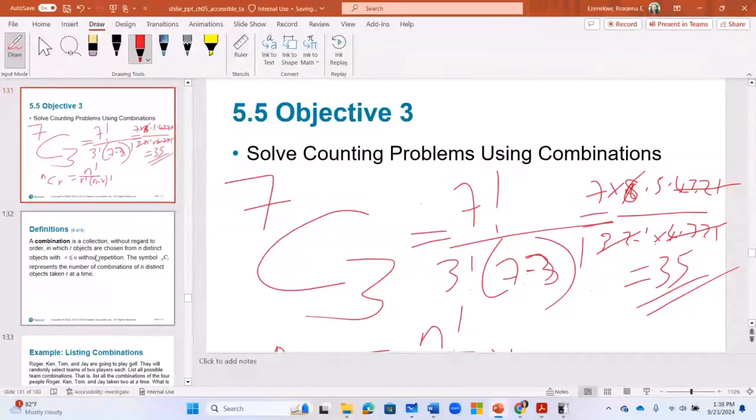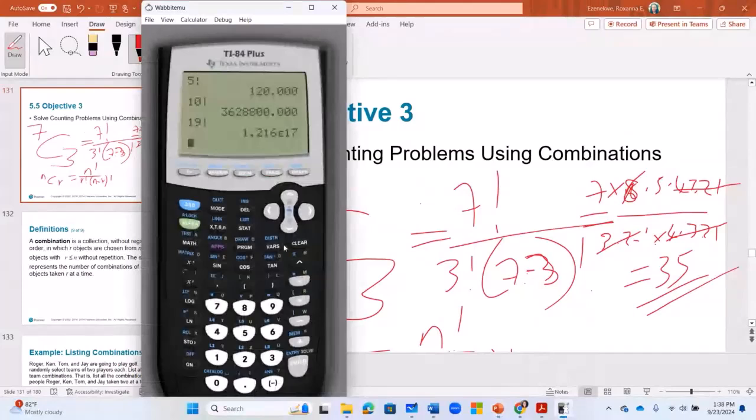Let me do that with my calculator. How do I answer a combination question with my calculator? I will put in n. What is n? The total, the sample space. Remember that sample space is the same as the count, the same as population. You're going to hear sample space a lot. So 7, you don't put combination there.